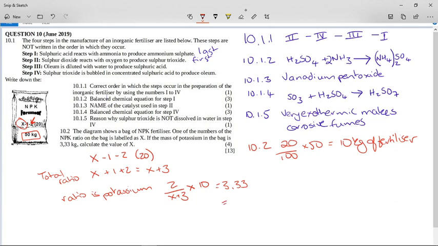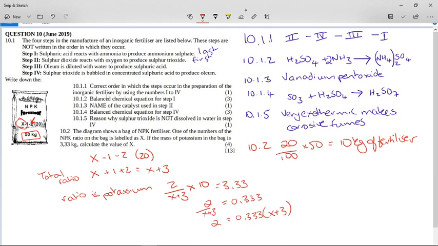So now if you do algebra here, must I show you the algebra? If we say 2 over X plus 3 is equal to 0,333 because I divided by 3, then I get 2 equals 0,333 multiplied by X plus 3.